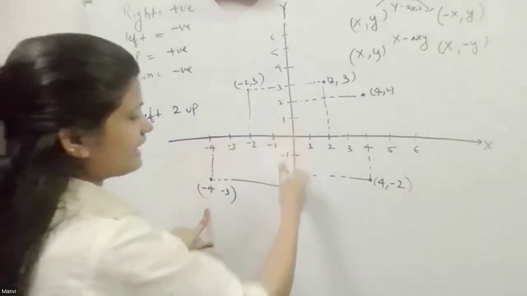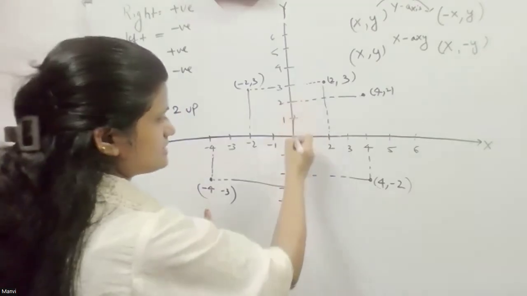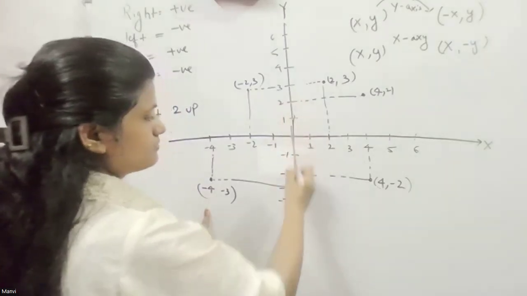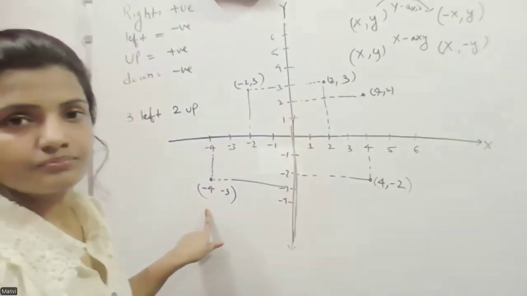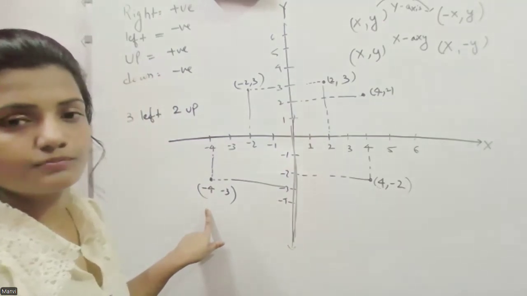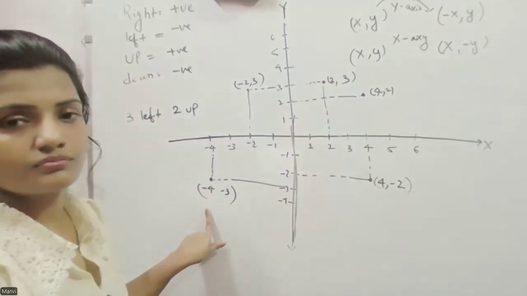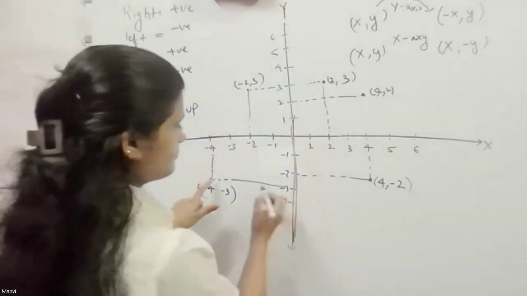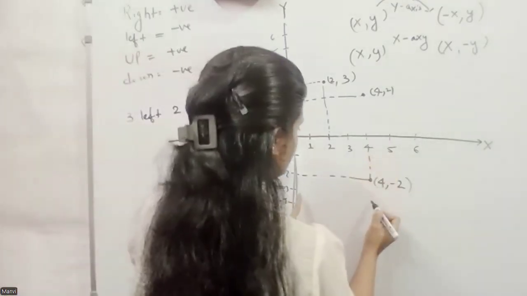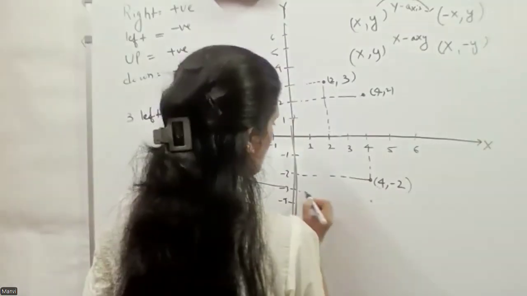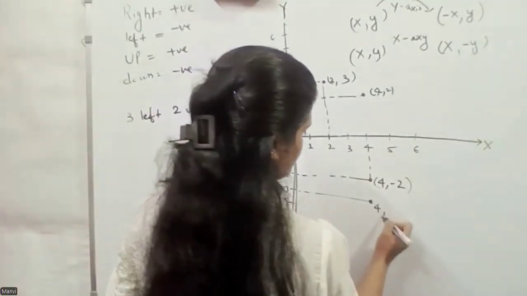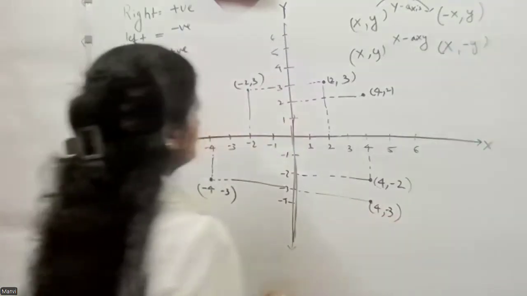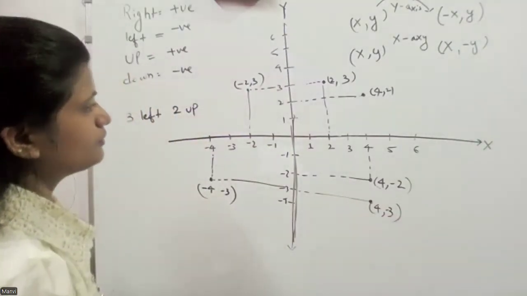Yeah, it is reflected in the y-axis, this line. Then where does it go? Is it 4, minus 3? Yeah, 4, very good. Minus 3, wow. Good, Kavya.